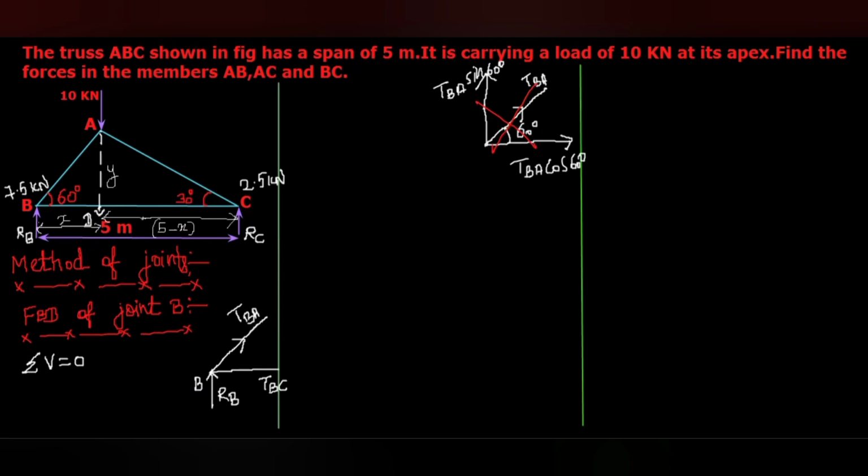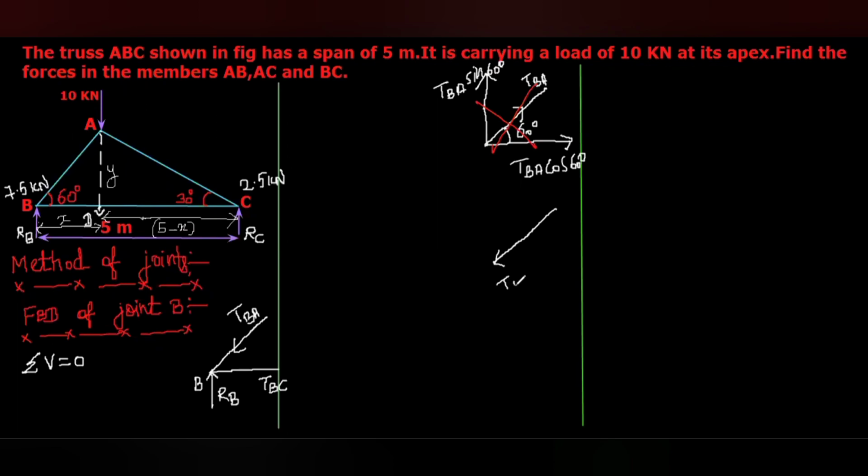So then, if you consider the next possibility, that is this TBA acting inwards to the B. It is acting inwards to the B. So this will act in the third quadrant.